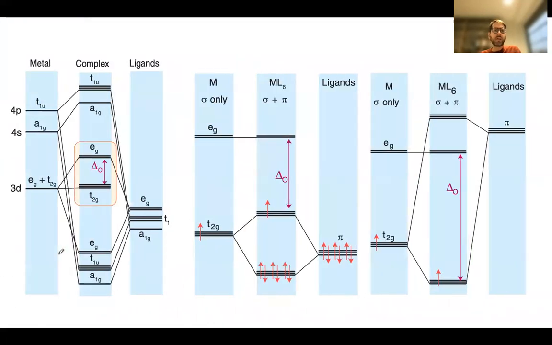And here we have a figure summarizing how ligand field theory describes bonding in octahedral complexes in the absence of pi interactions, so sigma interactions only, when we have a pi donor ligand, and when we have a pi acceptor ligand.